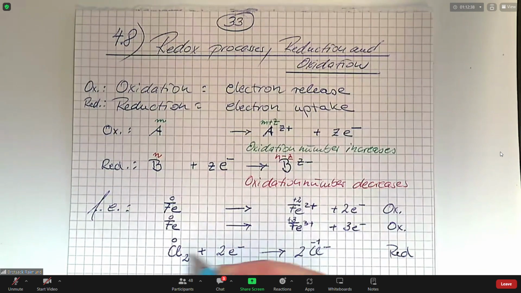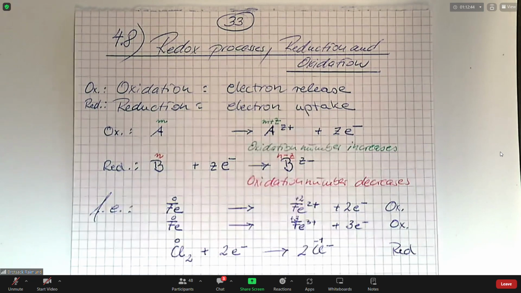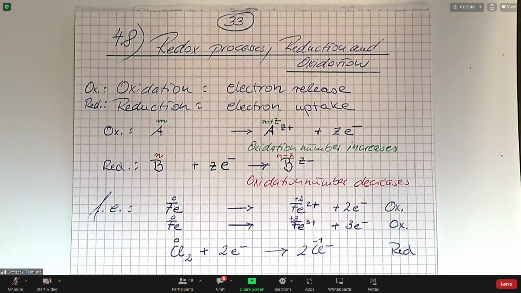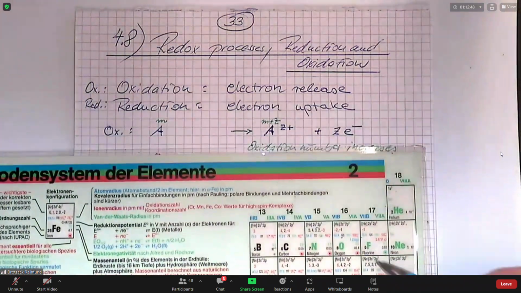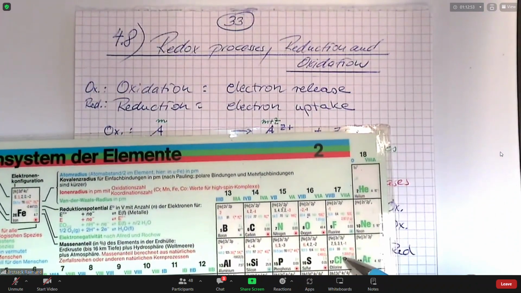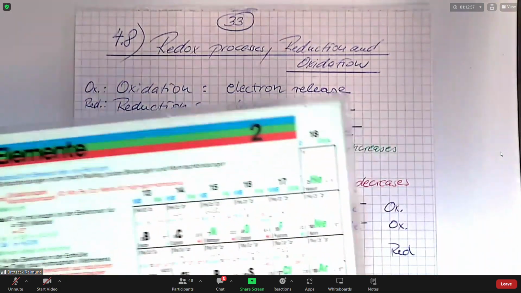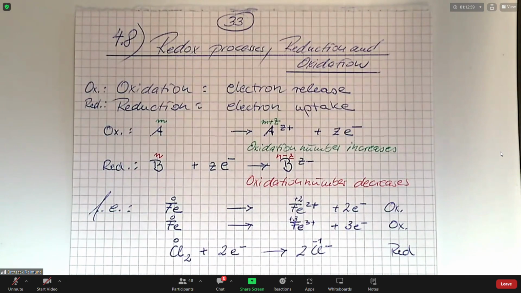So 2 times, we need 2 electrons. Again, 1 chlorine likes to take up 1 electron because then it ends up in the noble gas configuration, if you remember, the first things we discussed.